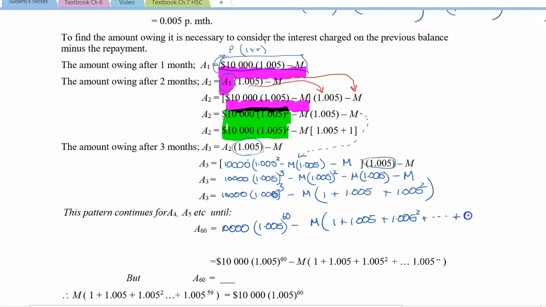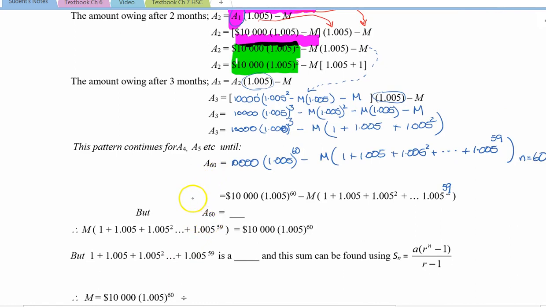So we will have 60 terms, but to the power 59. But remember, there are 60 terms there. Same line below there, to the power 59.